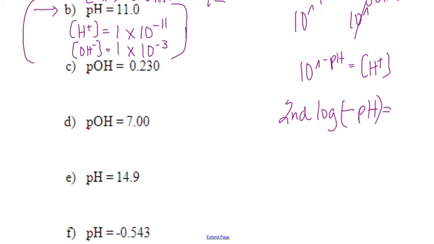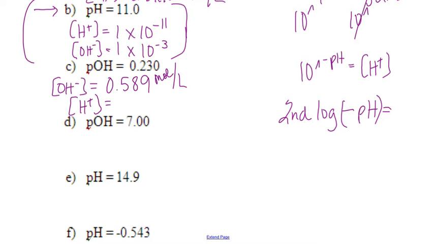So this one will be our last one. pOH, if I do 10 to the negative this, what am I ending up calculating? Concentration of OH minus. So how many sig figs do I need? 3 sig figs. And what is my OH minus concentration? 0.589 moles per liter. So then what would my H plus concentration be? 1 times 10 to the negative 14th divided by 0.589.